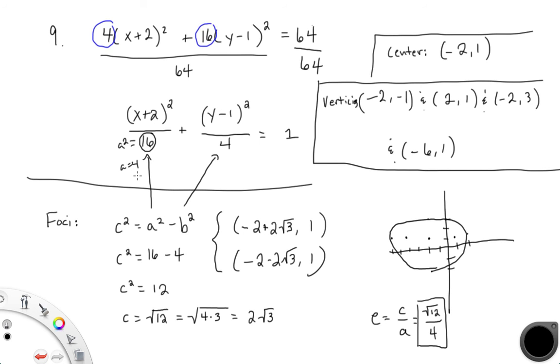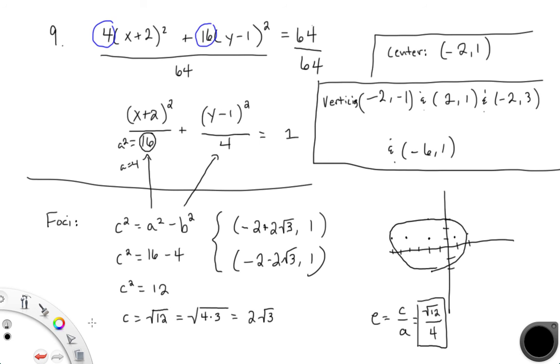I'm just going to make sure that's correct. Okay.